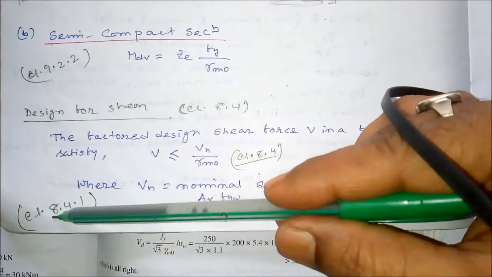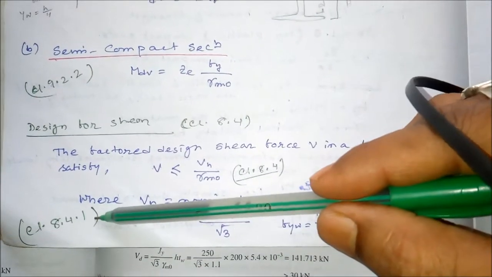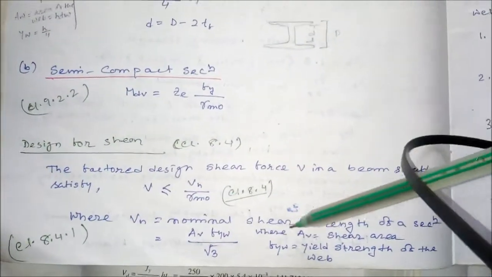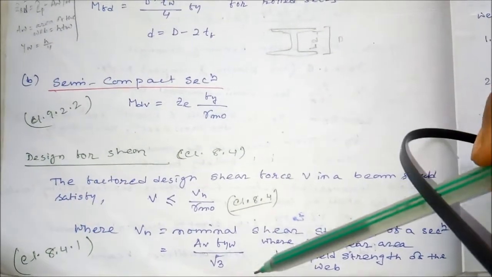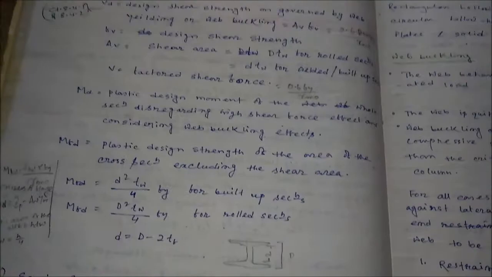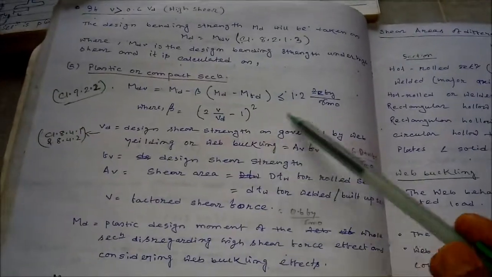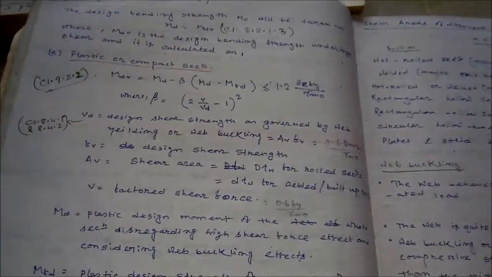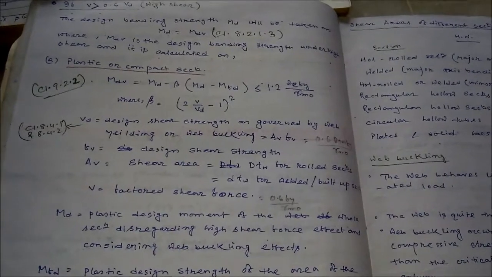And this we can find out in clause number 8.4.1, right? So those things we can find out in various clauses, and we can get those equations. Now, how to solve any example, right?